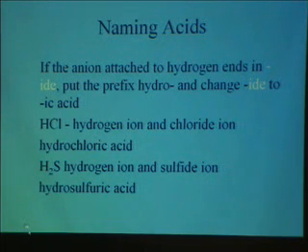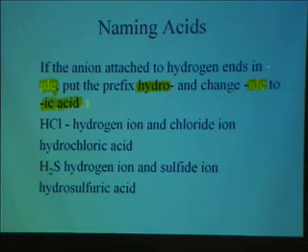If the anion attached to hydrogen ends in IDE, and that's what you're looking at here, you put the prefix hydro in front of the name, you use the root of the word, and then you change the IDE ending to an ic acid ending.